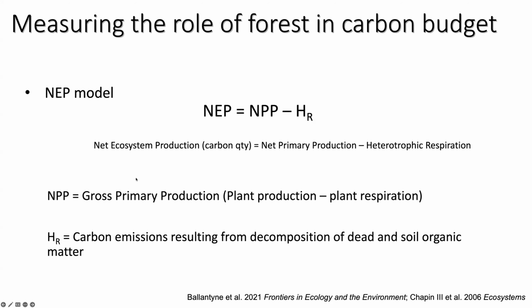Net primary production is just plant production, how much biomass is accruing year to year. So we have new leaves, new needles, new branches, we have incremental growth of tree biomass at a trunk level. And then we have a loss due to respiration, right? Plants are respiring carbon dioxide as they're doing some of these activities, and that's called gross primary production.